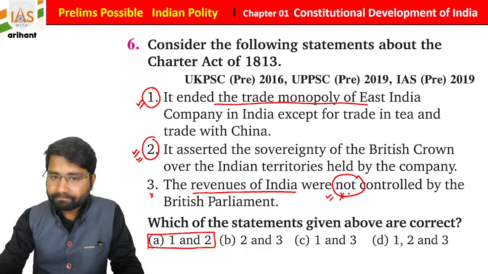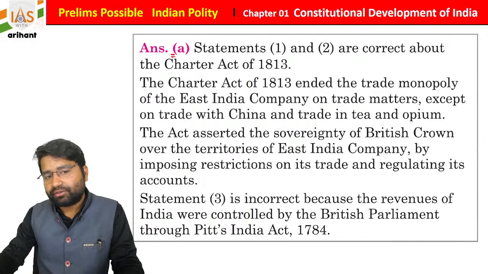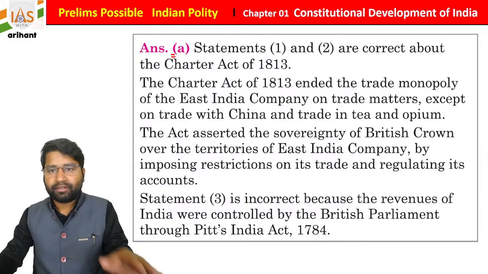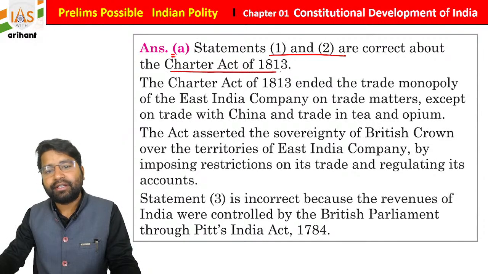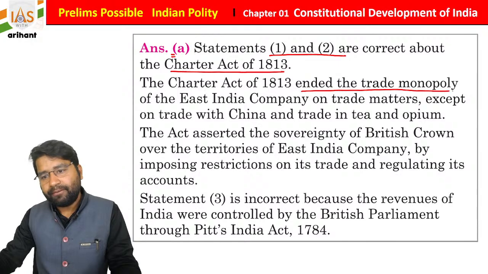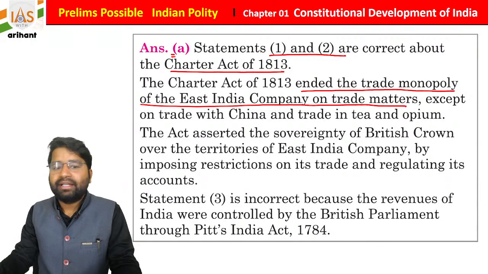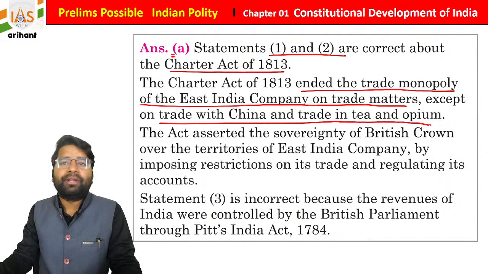I have added the explanation here also. It is mentioned in this book in a very beautiful format. You must go with the books. Statements 1 and 2 are correct about the Charter Act 1813, as it ended the trade monopoly of the East India Company on trade matters except trade with China and trade in tea and opium.